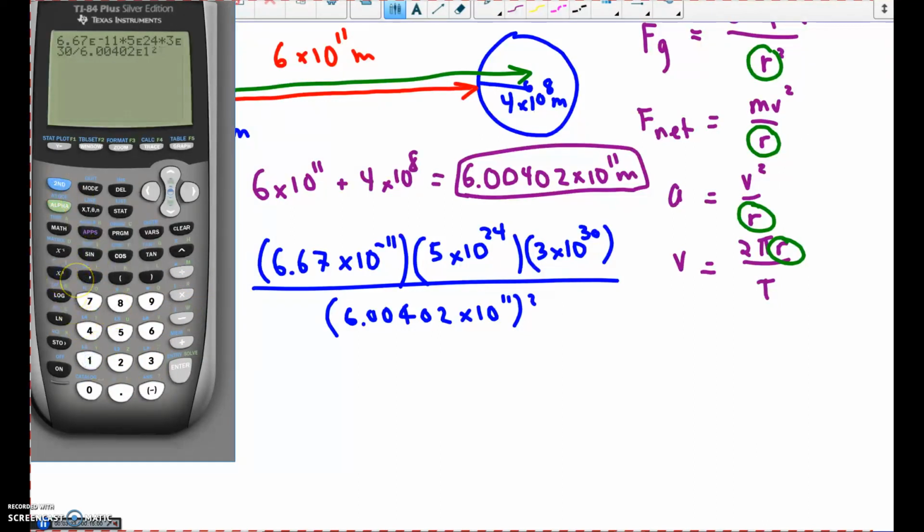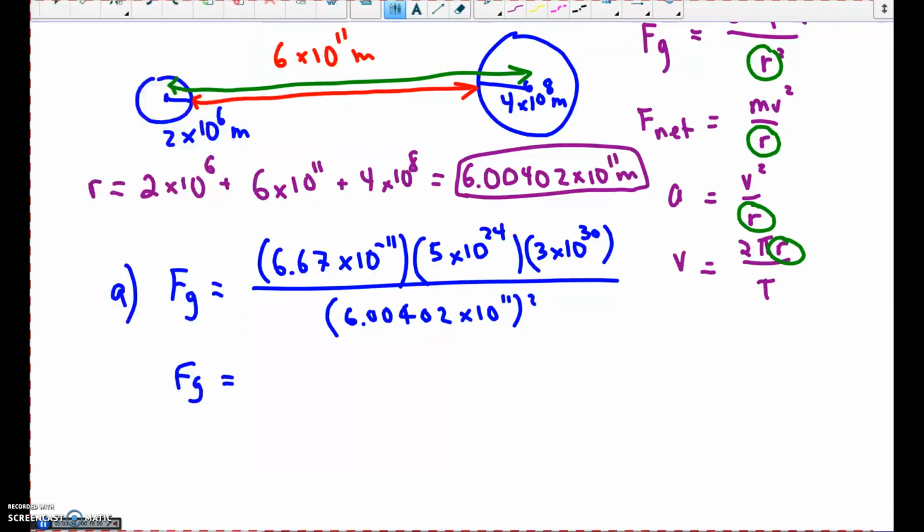And the great thing about the second EE button is you don't need to put parentheses around the entire radius. You just plug it in like this, and you hit enter, and there's our answer, 2.78 times 10 to the 21 newtons.